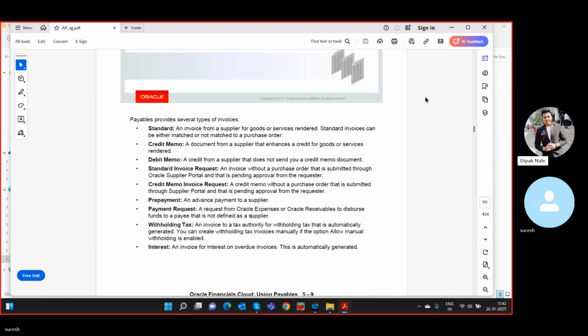Okay, payment request, a request from Oracle expense or Oracle receivables to disburse funds to a payee that is not defined as a supplier. Withholding tax, an invoice to a tax authority for withholding tax that is automatically generated. You can create withholding tax invoices manually if the option allow manual withholding is enabled. Interest, an invoice for interest on overdue invoices, this is automatically generated.